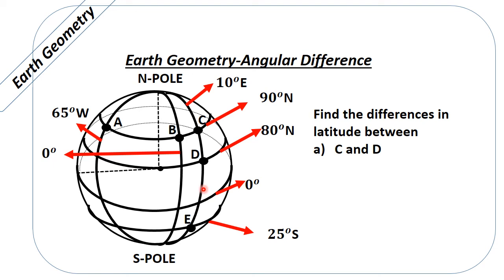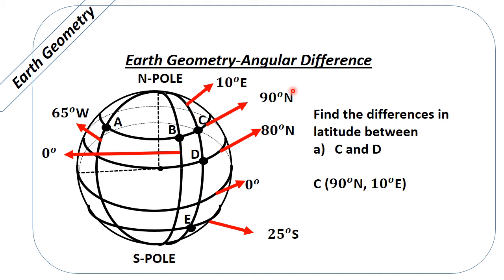They are lying on the same side, the north. Therefore, we are going to subtract. A simple key, because sometimes you can be asked without a diagram: when the directions are the same, if both are north, subtract. If they are different, add. So 90 degrees north for this latitude and 80 degrees north for this latitude, so you subtract.